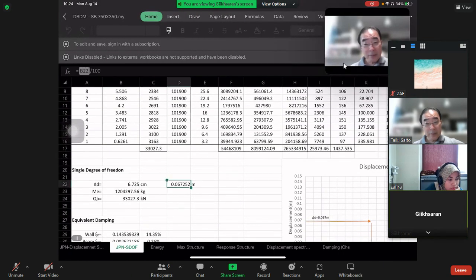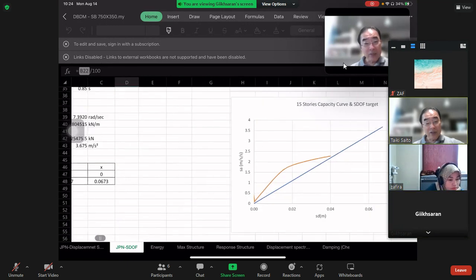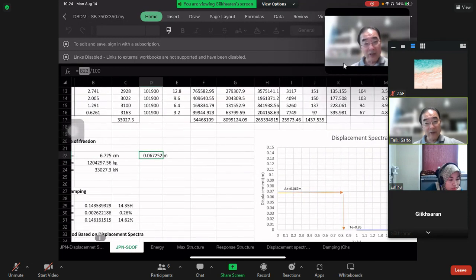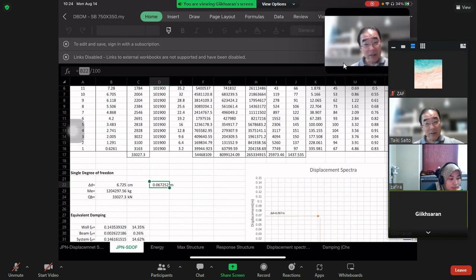This is the displacement, 0.067. This is the displacement of the equivalent single degree of freedom. This over 1/250 is the target displacement.